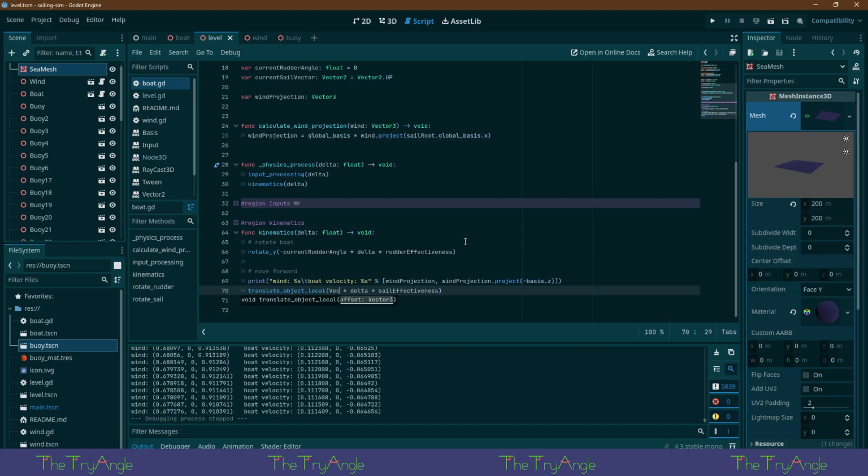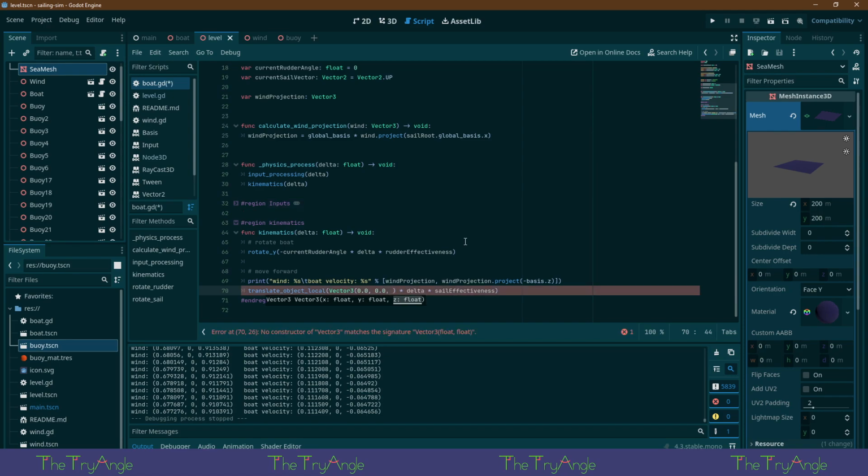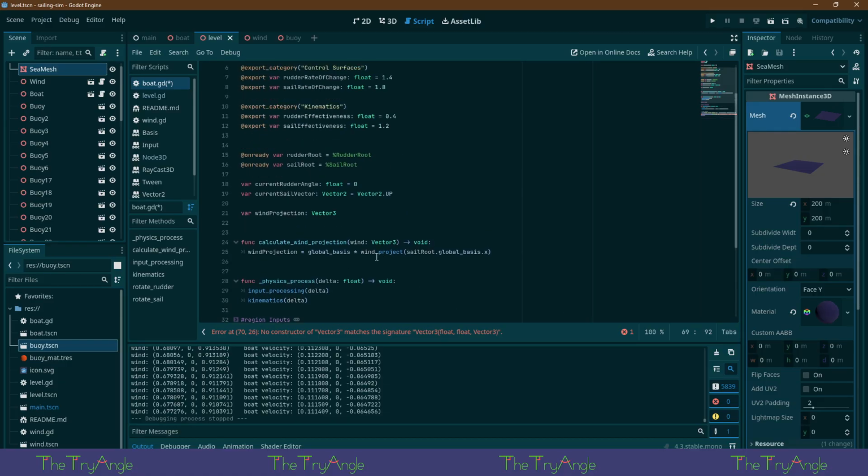So instead, I'm going to say vector 3, none in the x, none in the y, and then negative wind projection. What am I doing wrong here?